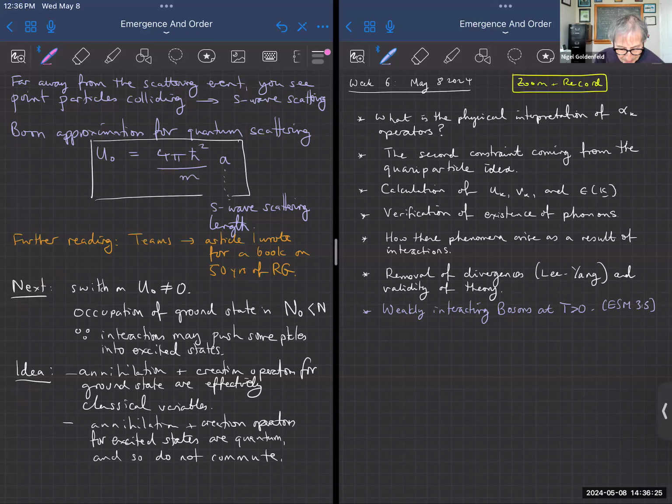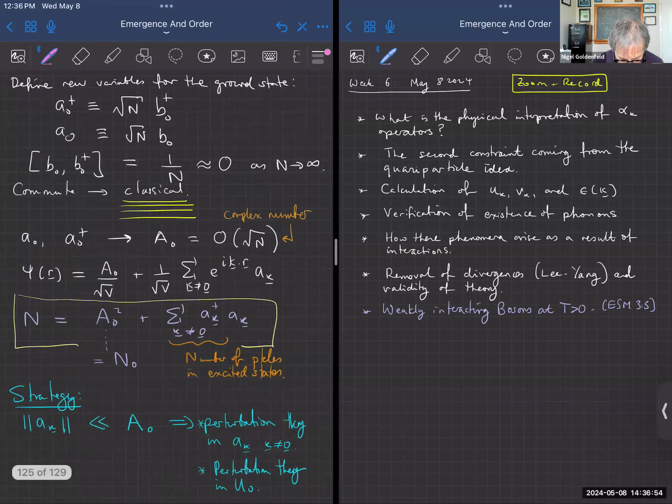And so I told you, but I didn't prove it, it's quite complicated, that the potential energy magnitude U0 is related to the S-wave scattering length, which in some sense is related to the cross section of the particles. Okay, so that's what we did last time, and that approximation is called the pseudo potential approximation.